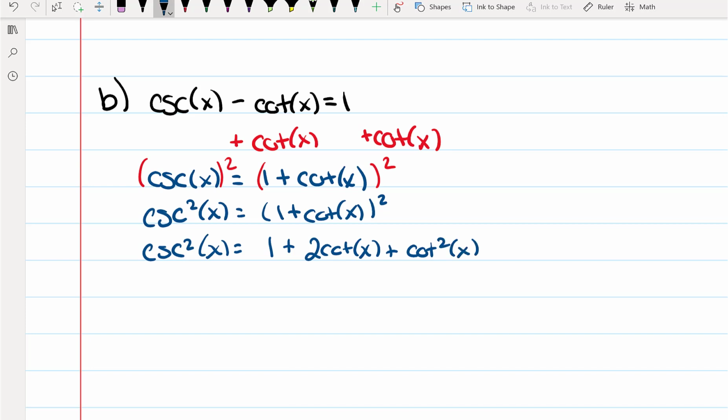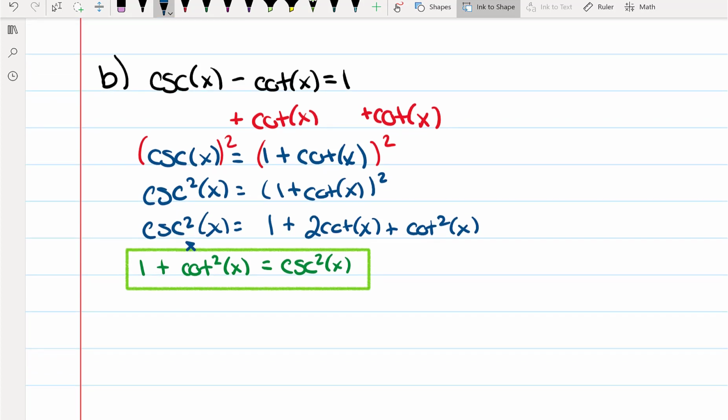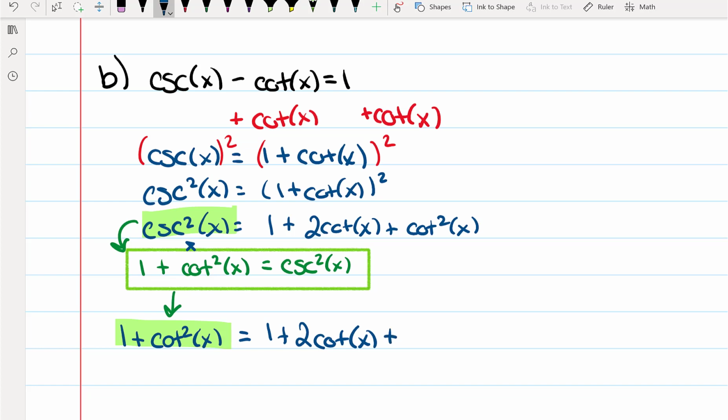Now we're going to go ahead and use our identity. Recall that cosecant squared is equal to 1 plus cotangent squared. So cosecant squared goes in, and 1 plus cotangent squared comes out. So that's being replaced with that. So then you get 1 plus 2 cotangent of x plus cotangent squared of x.